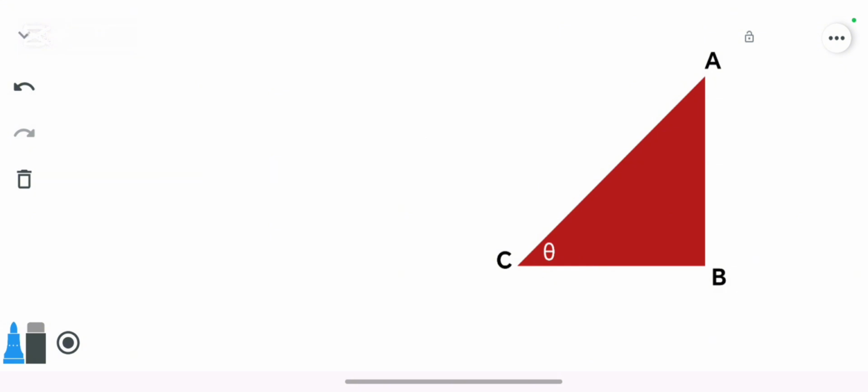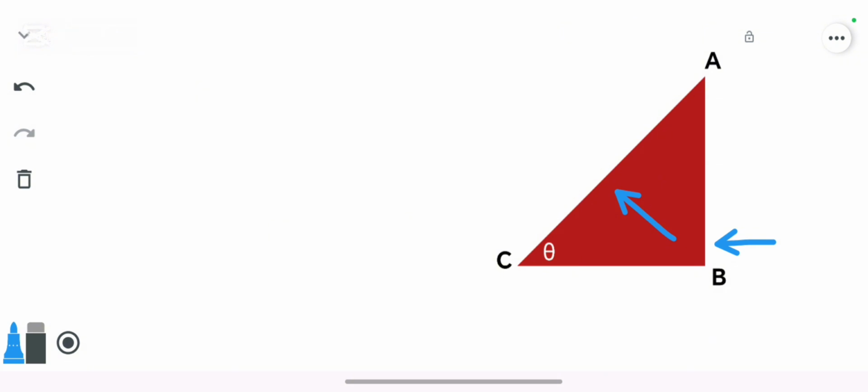Now I want you to look at this triangle with respect to this given angle here. In a right angle triangle, the side opposite the right angle is called the hypotenuse. So this is the right angle, and the side that is opposite the right angle, which is this side here, is the hypotenuse.